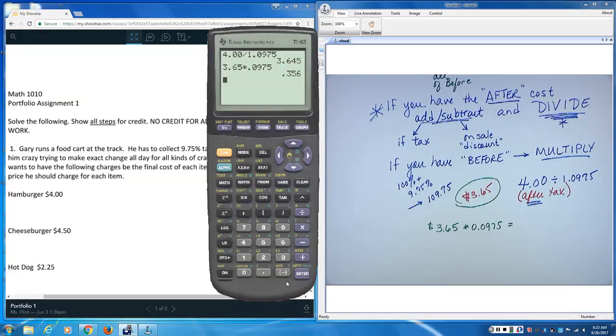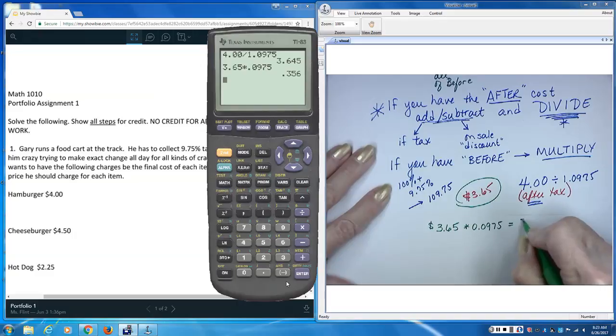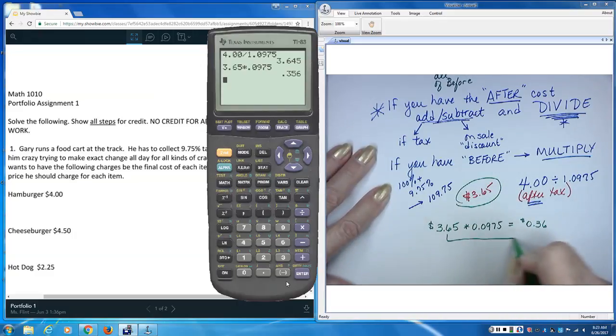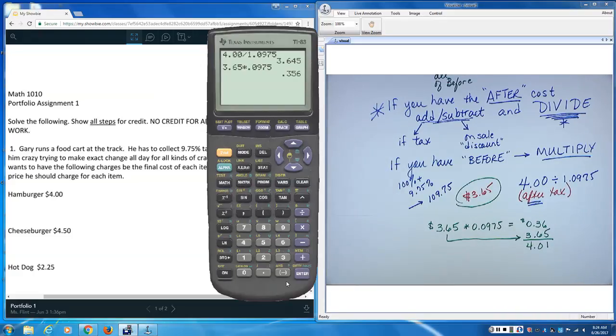And that was 36 cents. So then if you add 100% of the 365 to that 36 cents, you actually get 401, but that's because of rounding. Okay?